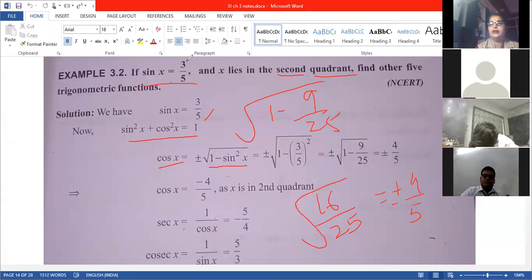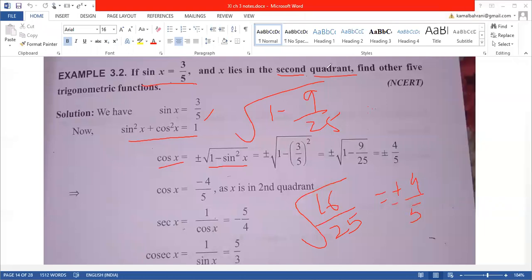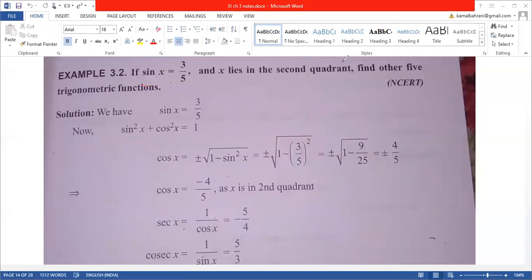Is there any problem to anyone? So the plus minus sign will come as it is. Now just see, you are having plus minus 4 by 5 as the value of cos x. Now you have to see whether to take the plus value or the minus value. x is lying in the second quadrant.